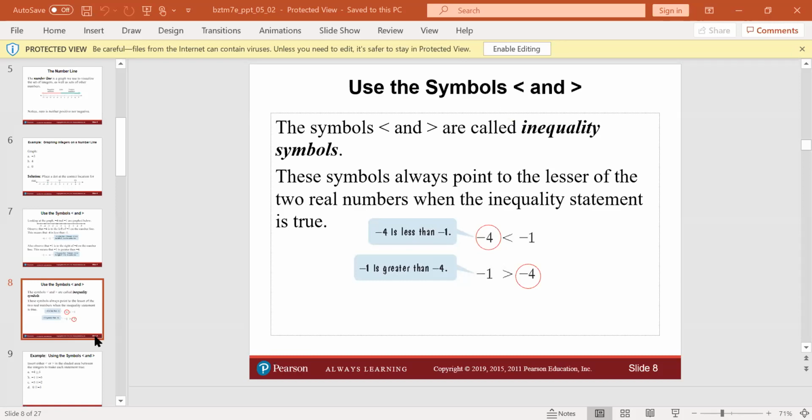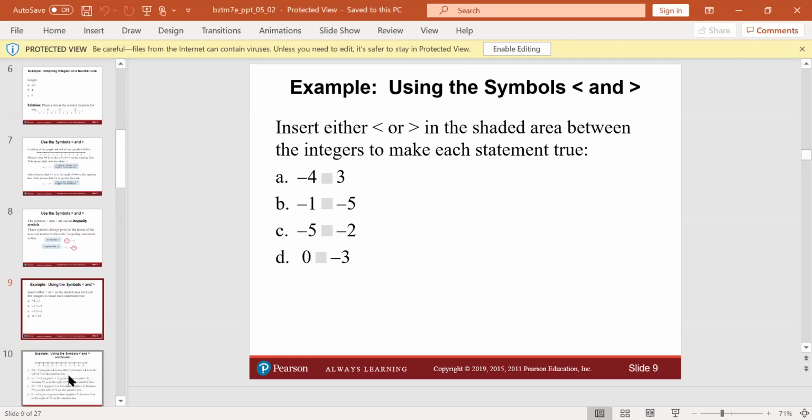Okay, so what we can do then is figure out what symbol needs to go where. In part A, we're going to put either a less than symbol or a greater than symbol, based on whatever makes it a true statement. So -4 blank 3, should I put the less than symbol or the greater than symbol?